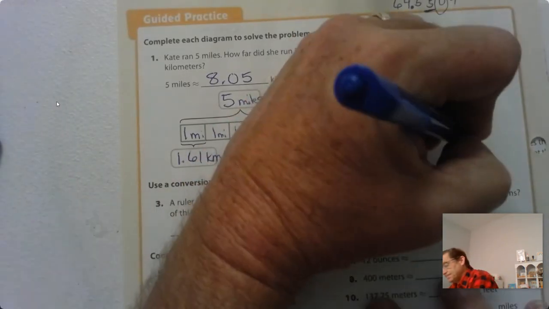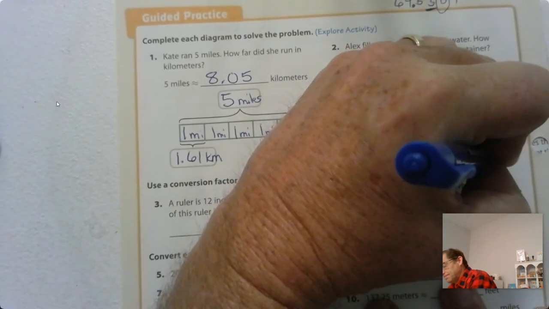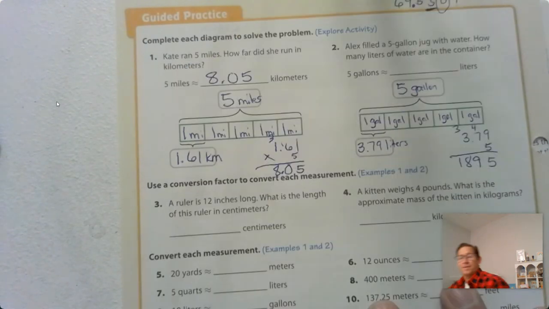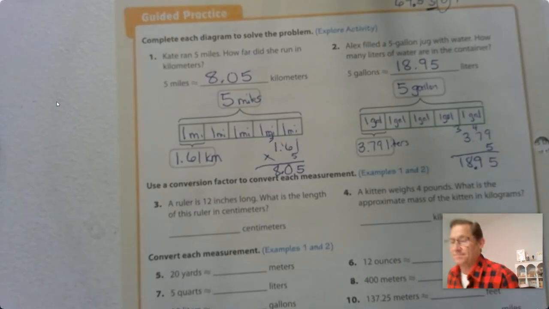So all we have to do is multiply that out. So 5 times 3.79. There's 2 decimal places. So 18.95 liters.